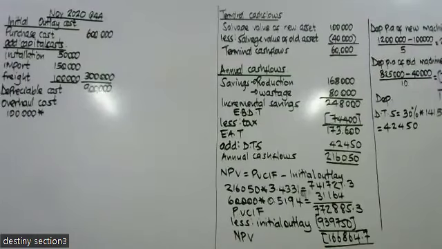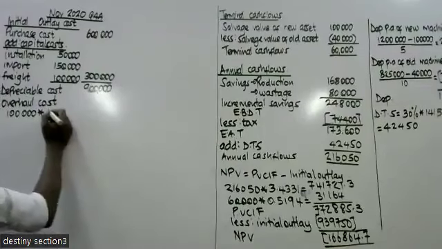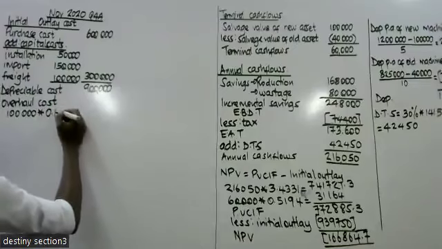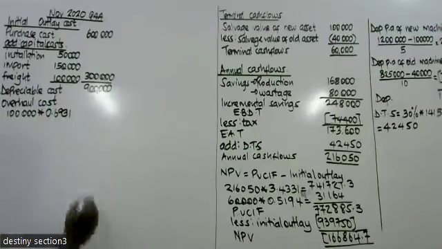So you use table 1 or table 2. That table gives you the value of 0.6931, the present value interest factor for the third year, because that overhaul cost is incurred in the third year. But our initial costs are all at the beginning of the first year.